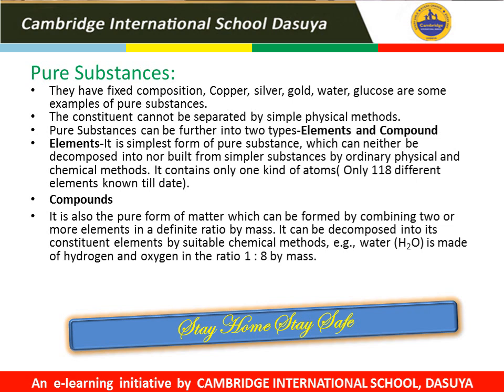Then compounds. What are compounds? A compound is also a pure form of matter which is formed by combining two or more elements, and this combination takes place in a definite ratio by mass. And remember that a compound can be decomposed into its constituent elements by chemical methods.